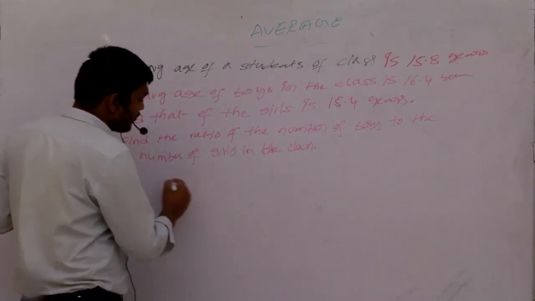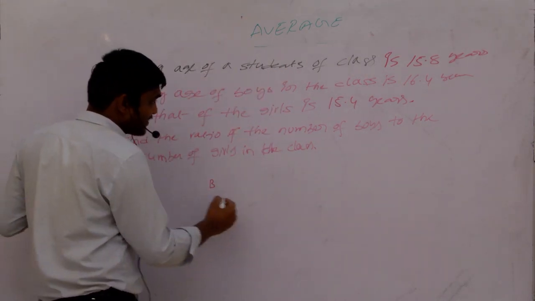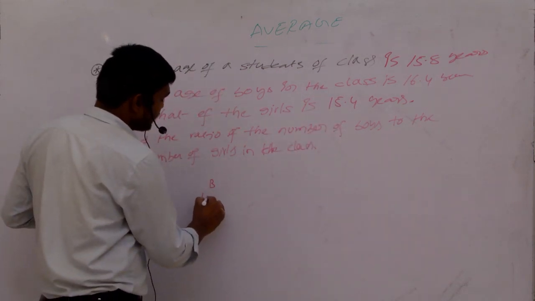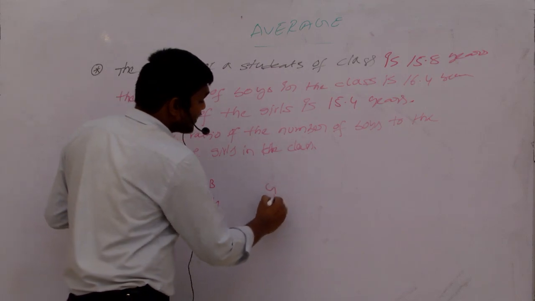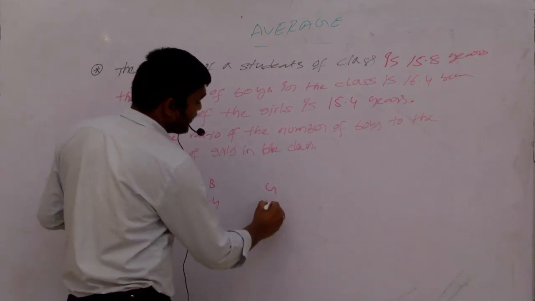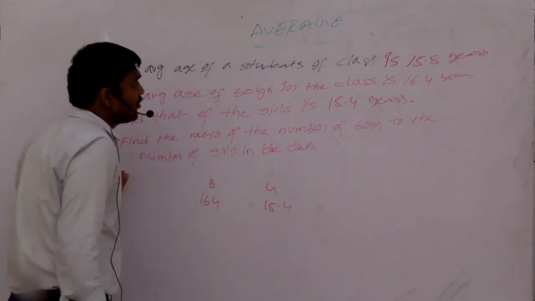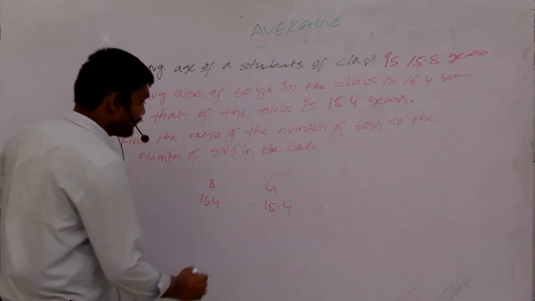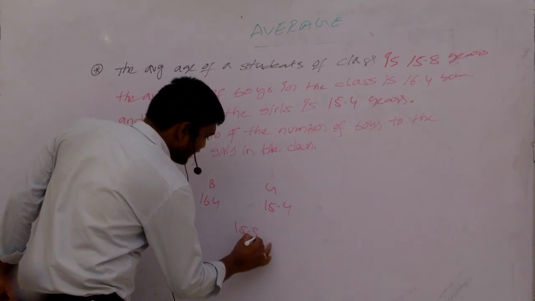So, already you know the boys' average age is 16.4 years and the girls' average age is 15.4 years. The average age of the students of the class is 15.8 years.